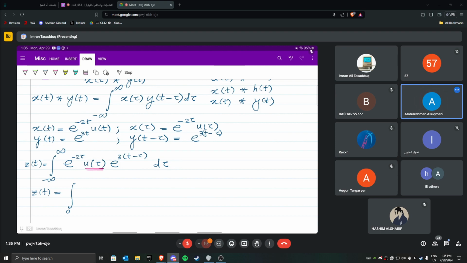Tau? Why tau? No, this is not the reason. What should be the upper limit? Remember, in the previous questions, how were we deciding the upper limit? Using what? We used to have here u of t minus tau.